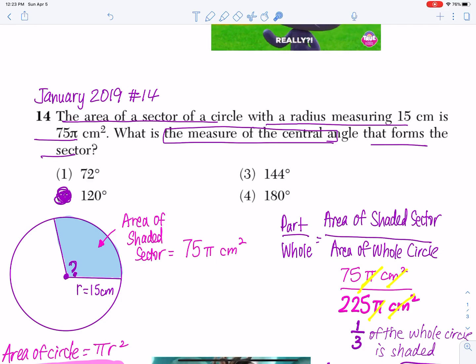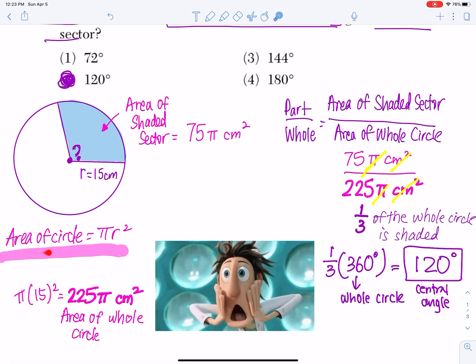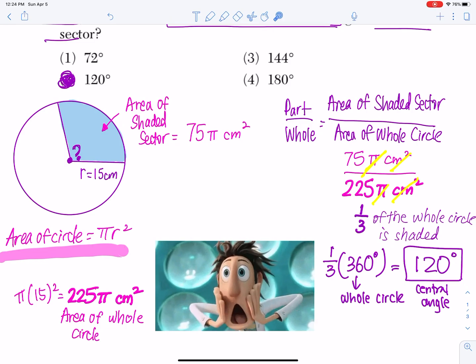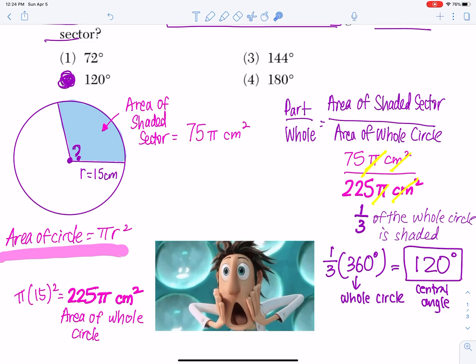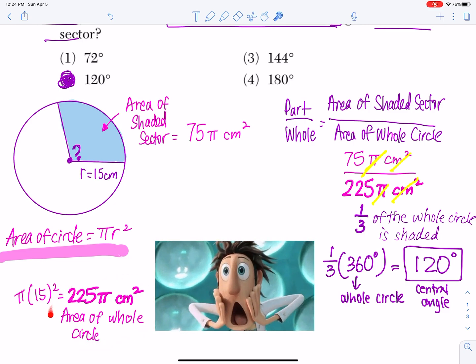Now the whole would be the area of the whole circle. The formula for the area of a circle is pi r squared. Let's plug in the information. Pi times radius squared is 225 pi square centimeters. That's the area of the whole circle.